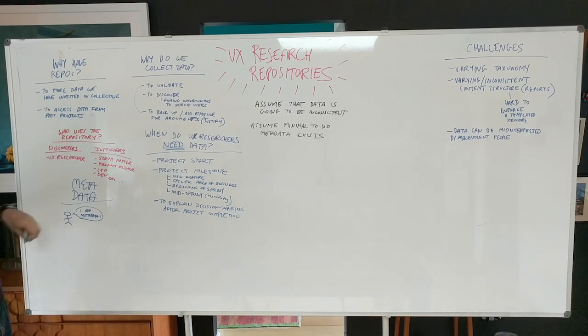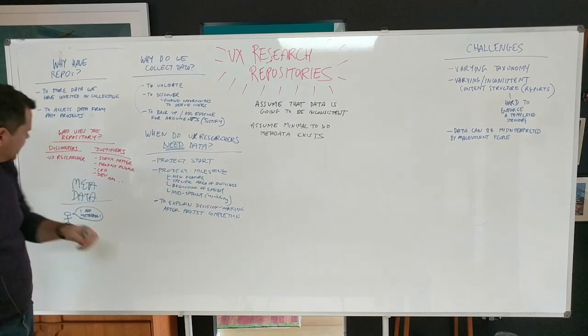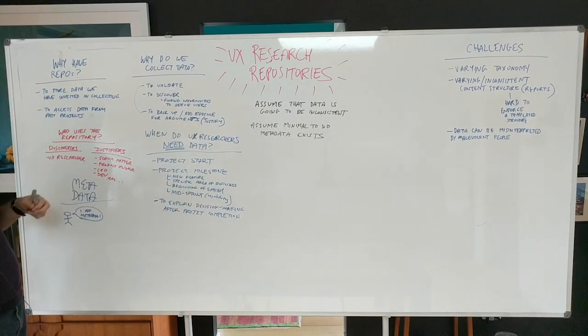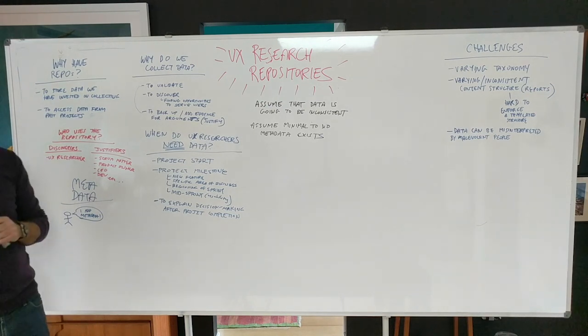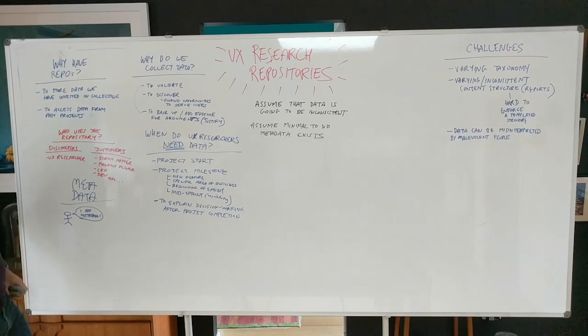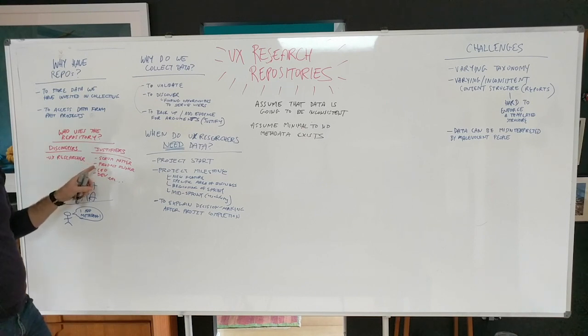Some of this stuff I've thought about in the past, but these two types of users, your discoverers and your justifiers, this is new for me. This is quite exciting. In the past, I've only really considered discoverers. And I wonder how often justifiers want this information.